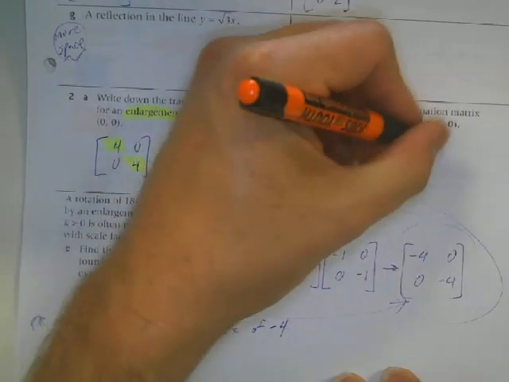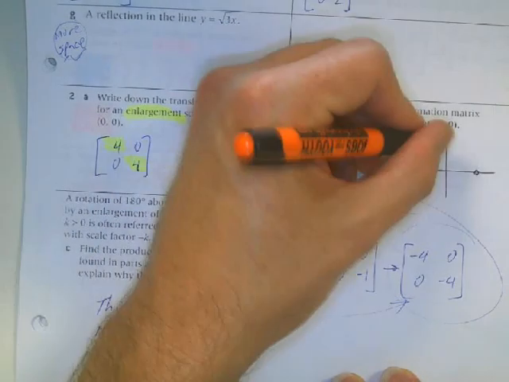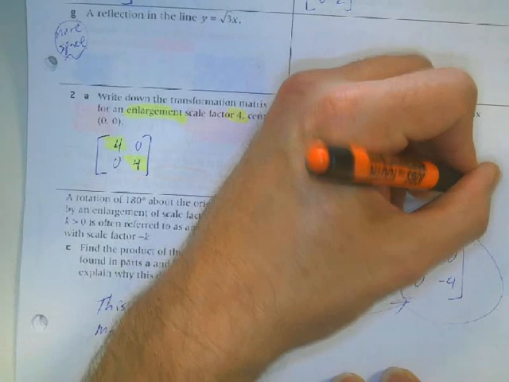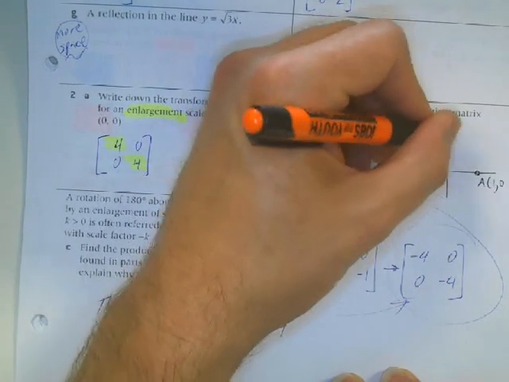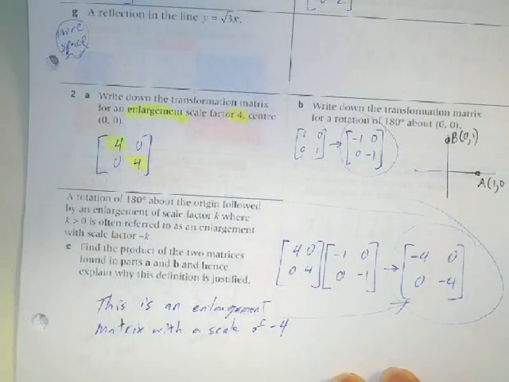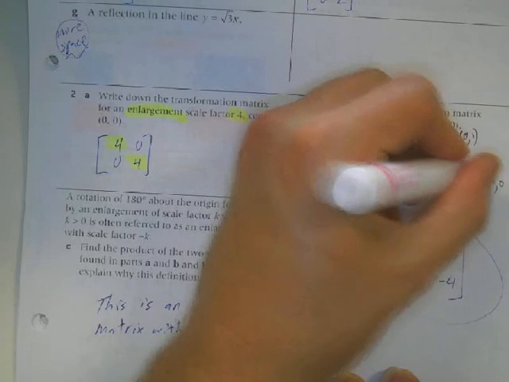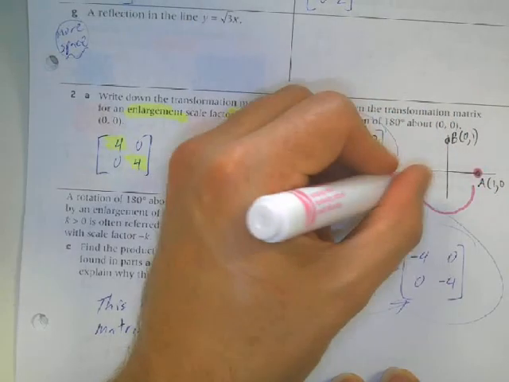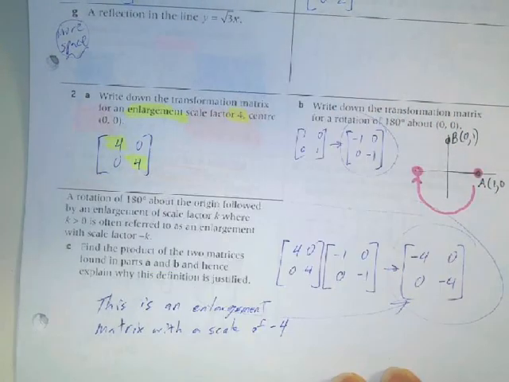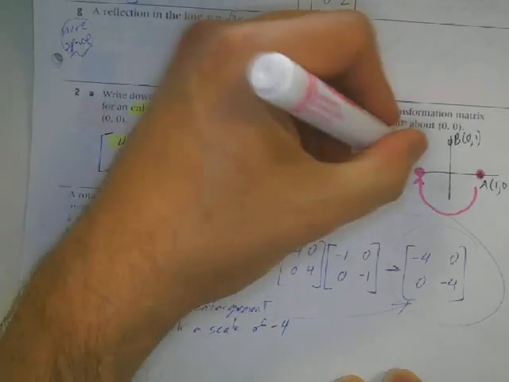I think an easy way to think about this is if I'm twirling 180 degrees, here's my A, which is 1, 0, and my B, which is 0, 1. This A dot is going to go all the way over to here if I'm rotating 180 degrees, and that new coordinate is going to be -1, 0.